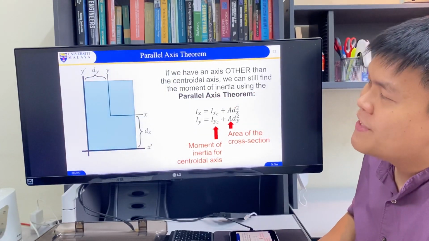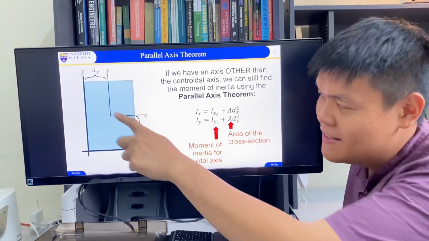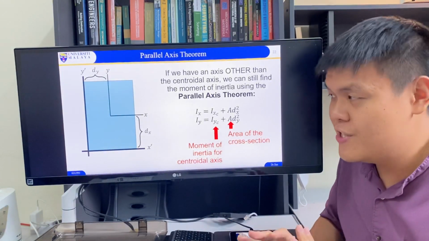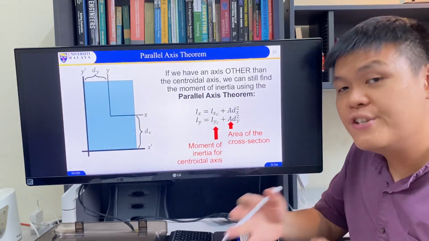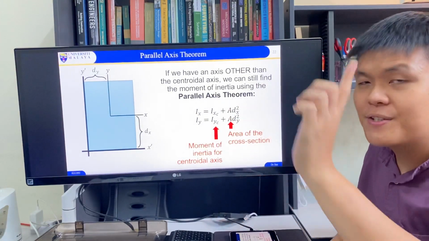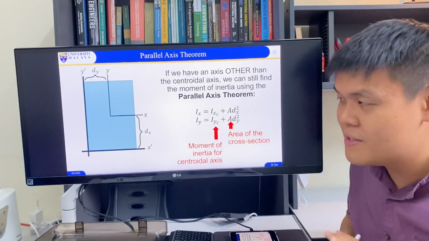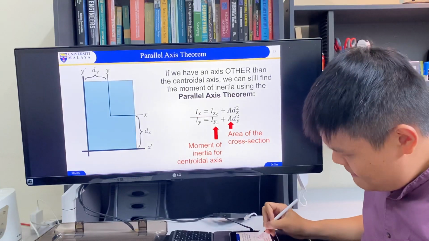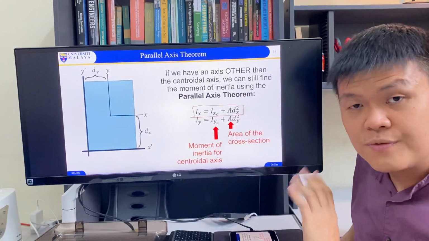So if we have an axis other than these two centroidal axes, we can still find the moment of inertia about different axes, and we use something called the parallel axis theorem. And this is very important because it's very useful. So the formula is like this. Let's just take x for now.